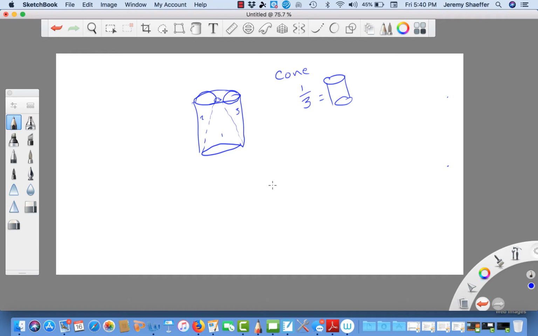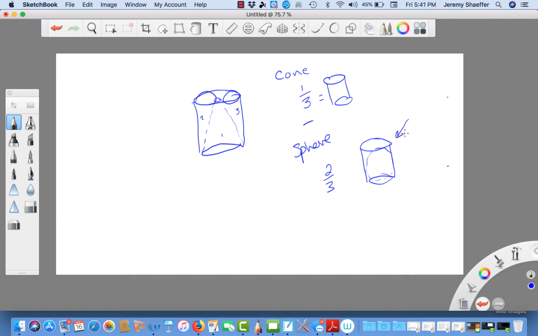Now, what about a sphere, all right? A sphere is unique, okay? A sphere is also found in a cylinder to demonstrate its properties, okay? And there's some voids on all sides of this, okay? And if it's on all sides, we can understand a couple of things, okay? We said that a cone is 1/3, but a sphere is 2/3 of a cylinder. A sphere fills up the cylinder way more than a cone does.